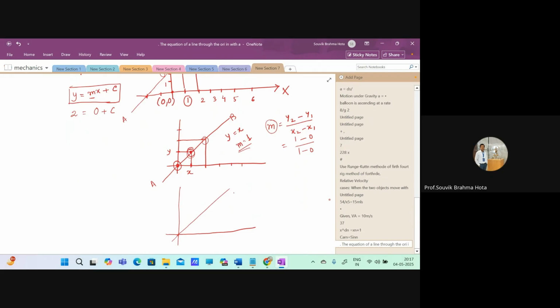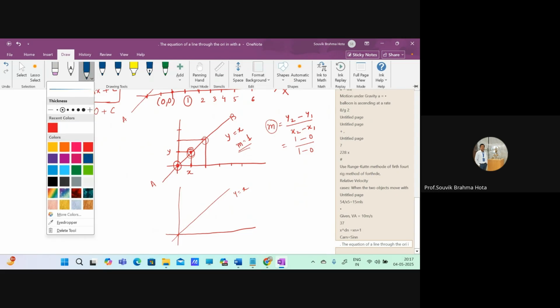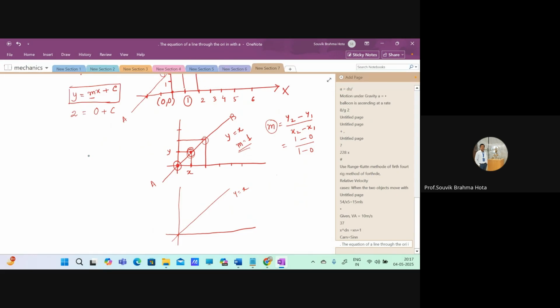Now I am giving you another one, y is equal to 2x. Can you instruct me how the next graph y is equal to 2x will look, whether it will have more slope or less slope, that means more steep or less steep? Sir, it will be more steep.